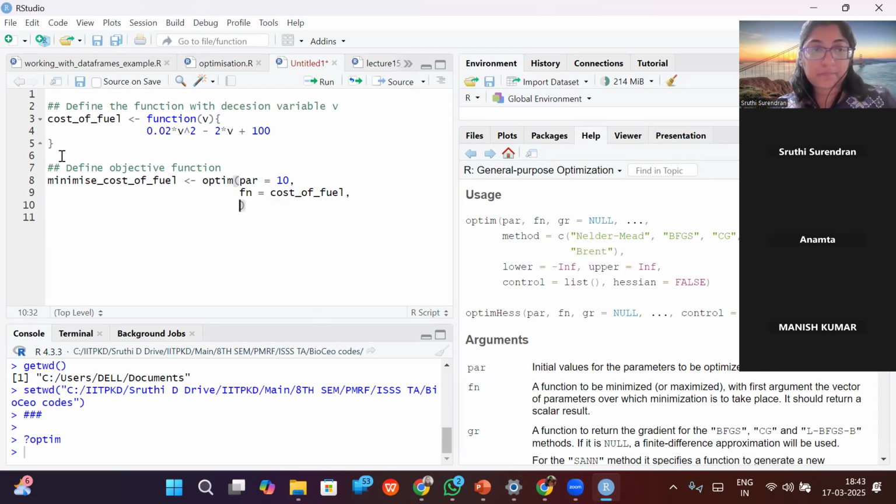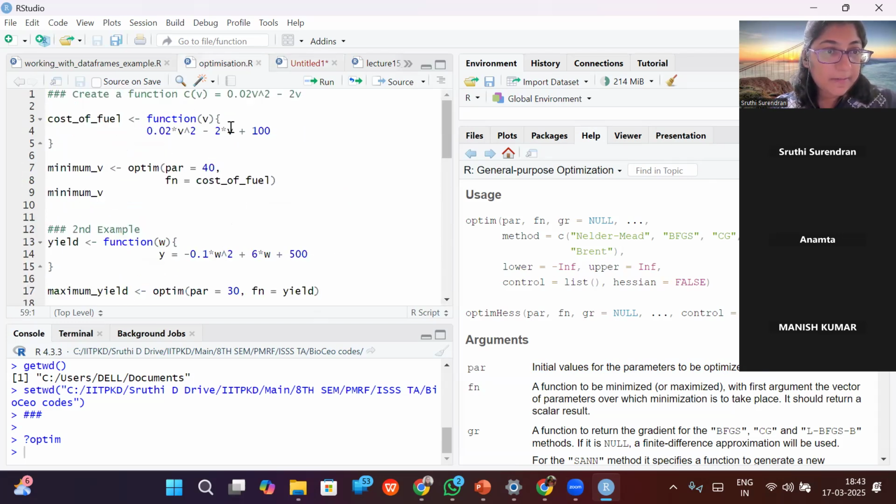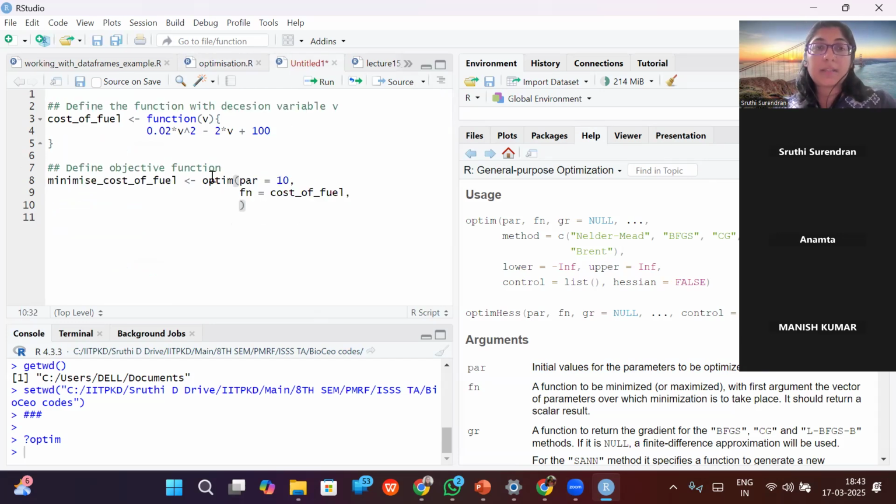Now in this optim, when we use it for equations like this, what we are using now is something where we can't apply constraints.